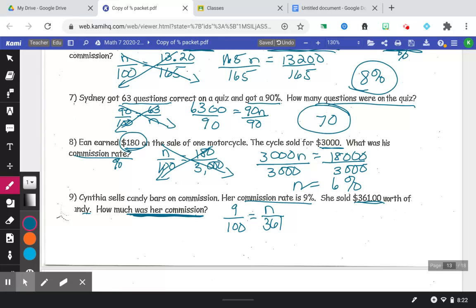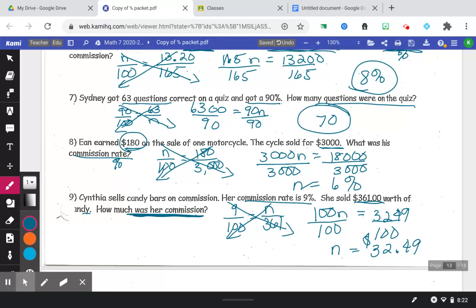Okay, so we can do our cross products. Divide both sides by 100. And that means she is going to earn $32.49.